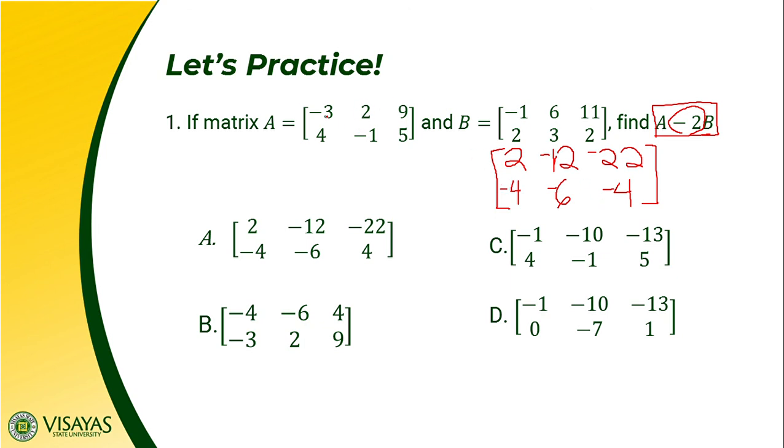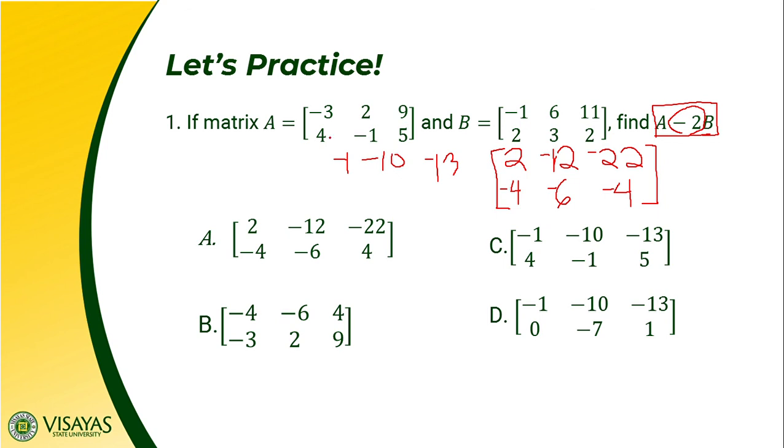So this becomes negative 3 plus 2, that is equal to negative 1. And 2 plus negative 12 is negative 10. Next we have 9 plus negative 22, that is negative 13.